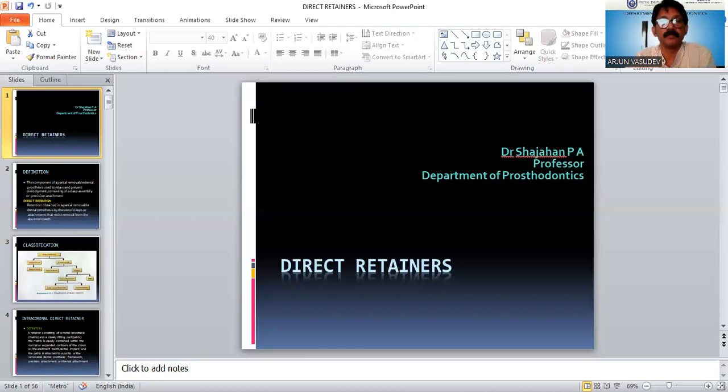So you can see in these pictures. The first picture shows how a cast partial or simple circular clasp is leveled. You can see the upper portion is a retentive arm, and lower portion you can see a reciprocating arm.